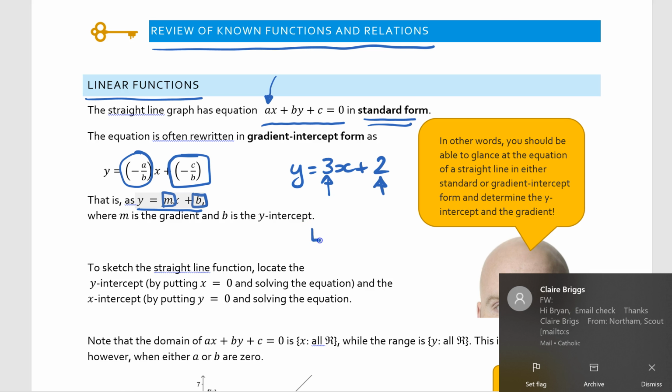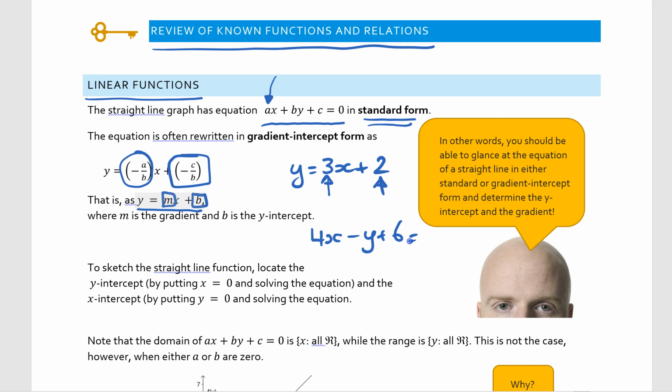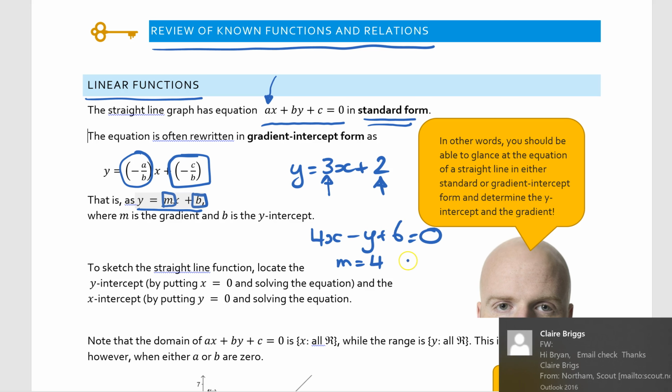If we had 4x minus y plus 6 equals 0, we see that the gradient is minus a on b, so that's 4 on minus 1, which is 4. And the y-intercept is minus c on b, which is minus 6 on minus 1, which is going to be 6.